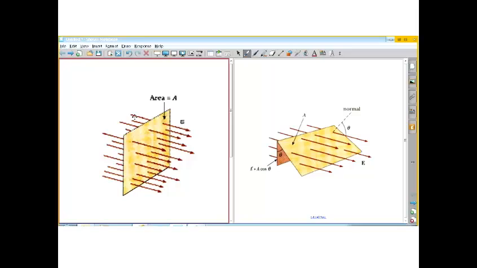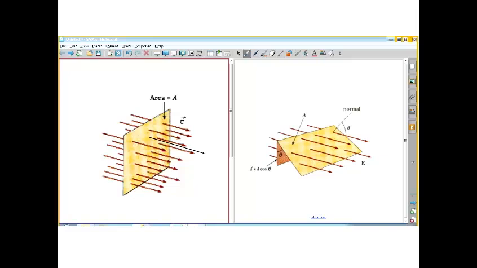If you were looking at the vector, the electric field vector in this case, the length of the arrows would be the magnitude of the electric field, and the direction of the vector would be the direction of the electric field. In this particular case, the electric field lines are perpendicular to the area. Another way of looking at this is if we define the area as a vector, it would look something like this.